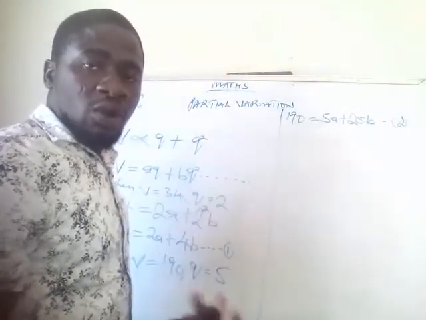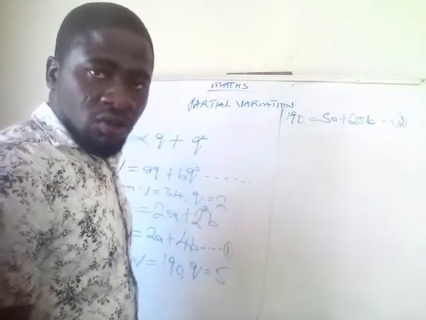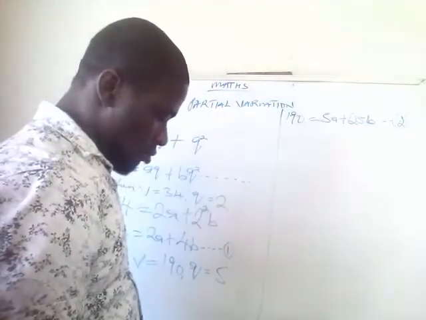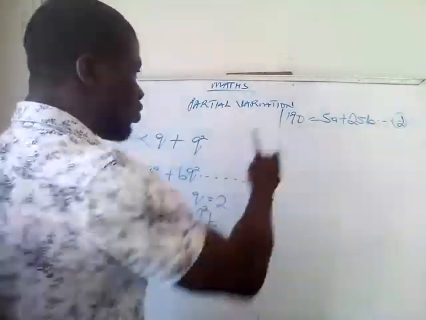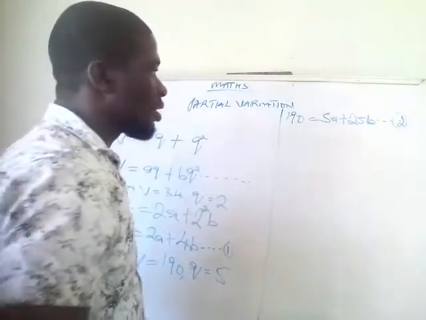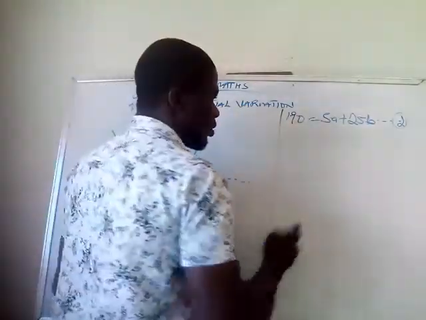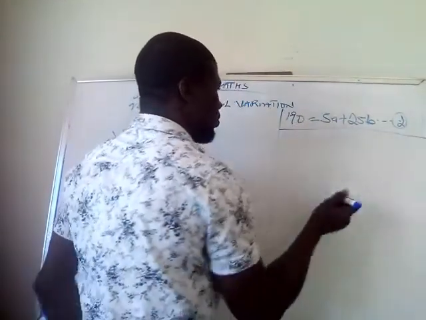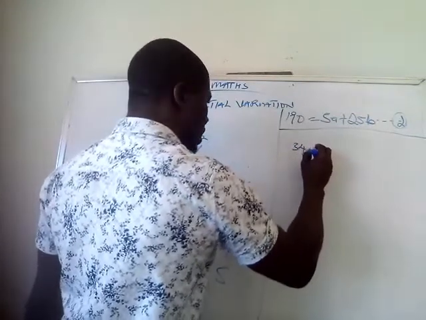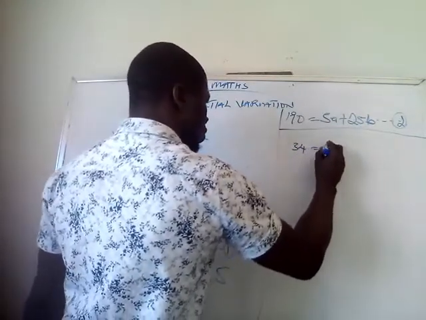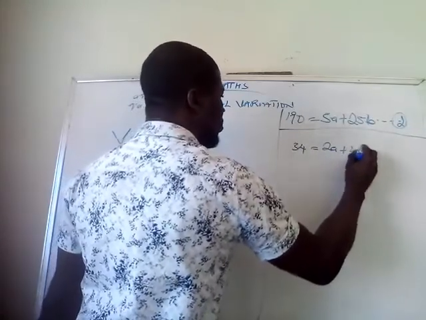So now we continue with simultaneous equations. If you don't mind, we'll bring the first equation to this place. Now we have 34 is equal to 2A plus 4B, sorry.